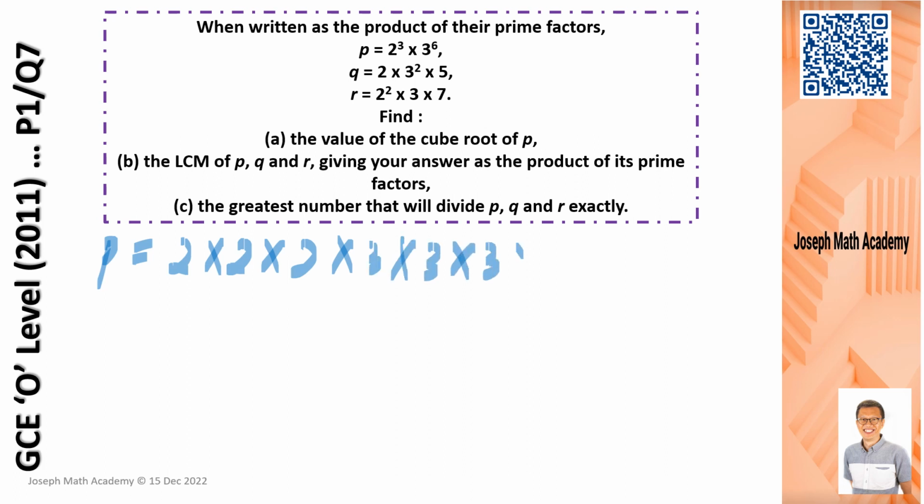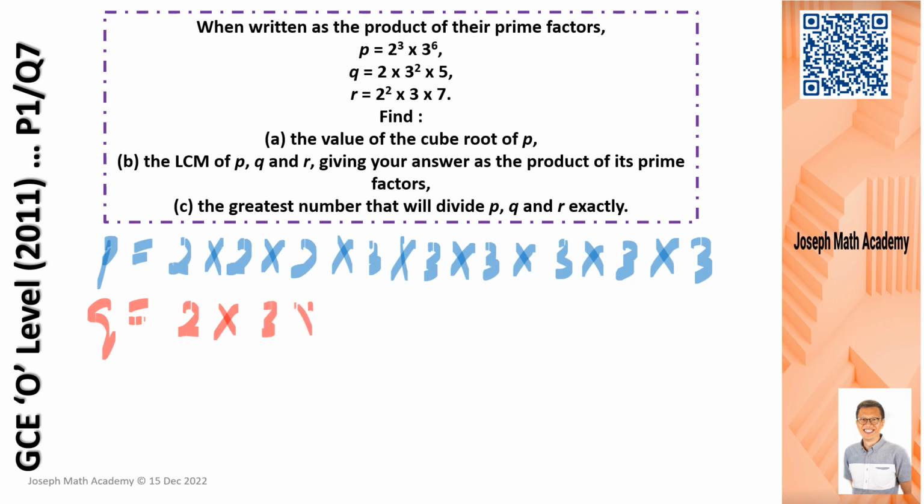I'm going to move on to rewriting this again. So 2 cubed and 3 to the power of 6. Then Q, so Q is this, and then my R is this.